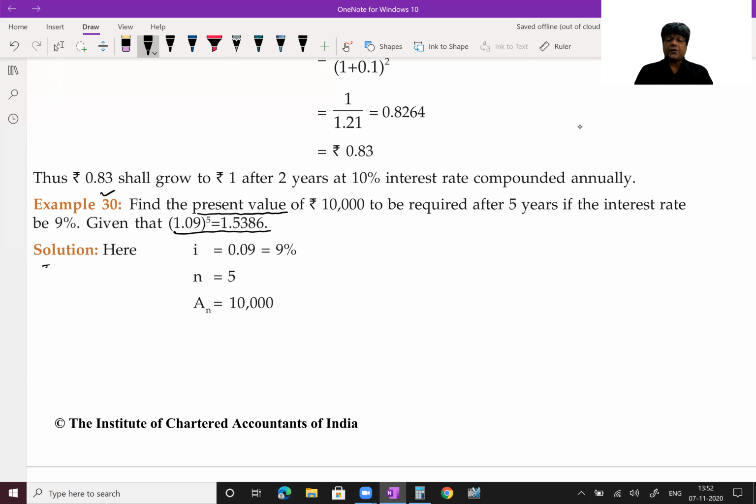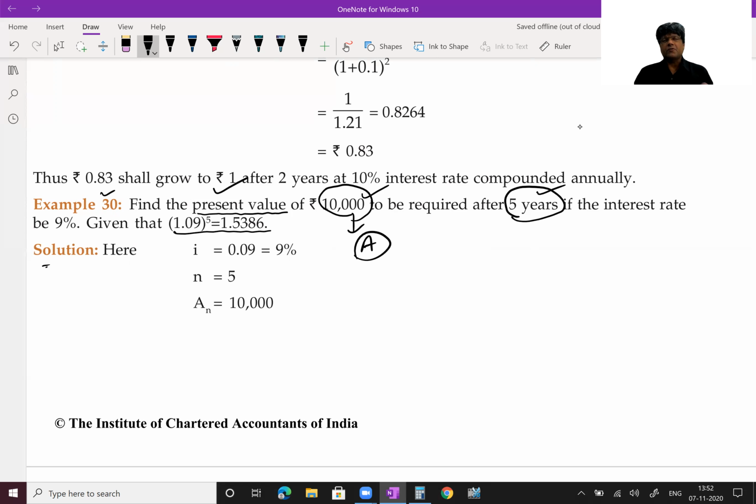So here they are saying find the present value of 10,000. Which 10,000? To be required after 5 years. That means this money which will be received after 5 years, that is the money for today's value.